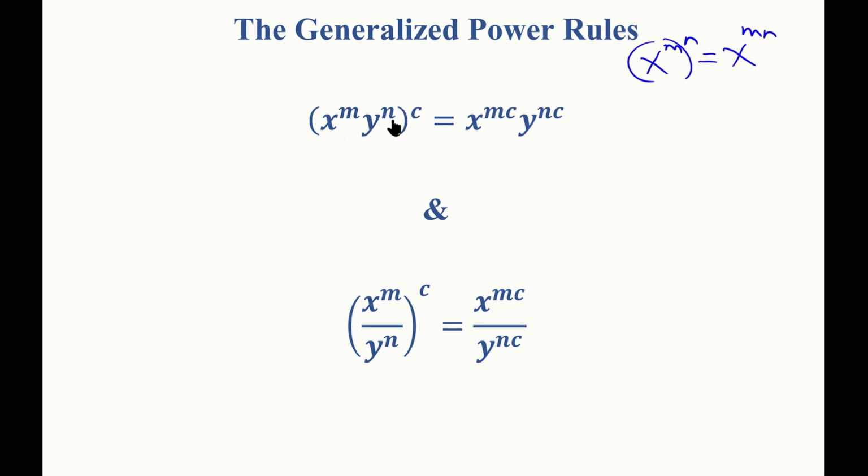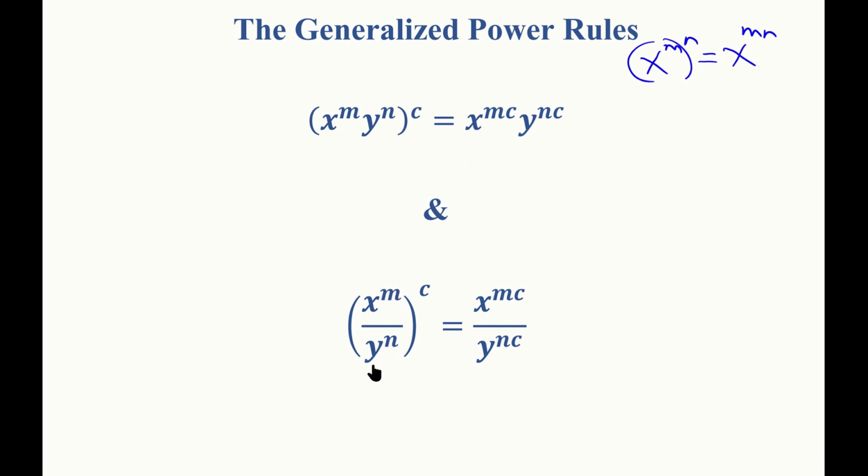Just apply the power rule to each. So here you'll just get x to the mc times y to the nc. Remember, this only works if the operation here is multiplication. Do not ever do this if the operation is anything other than multiplication, such as addition or subtraction. Even if it's division, you want to first make sure to turn it into a multiplication and then proceed. But that's how you do that.